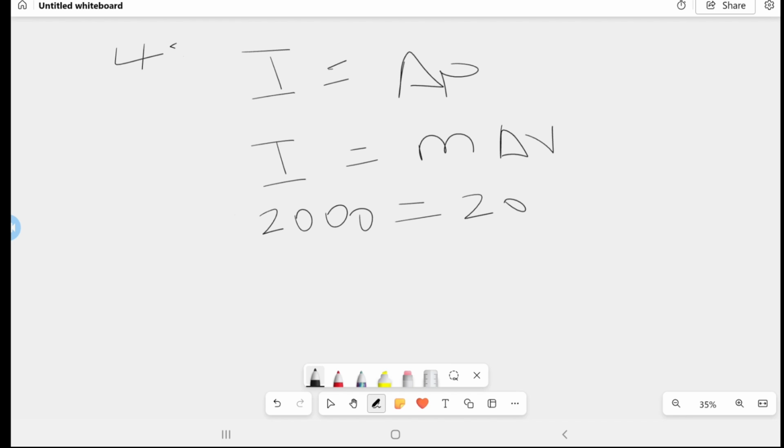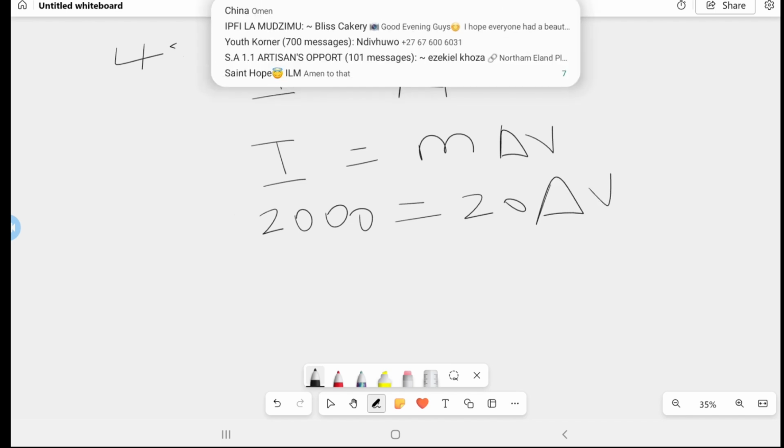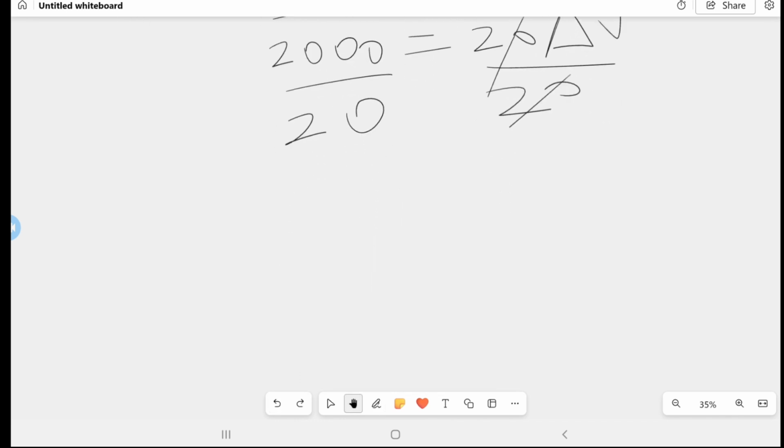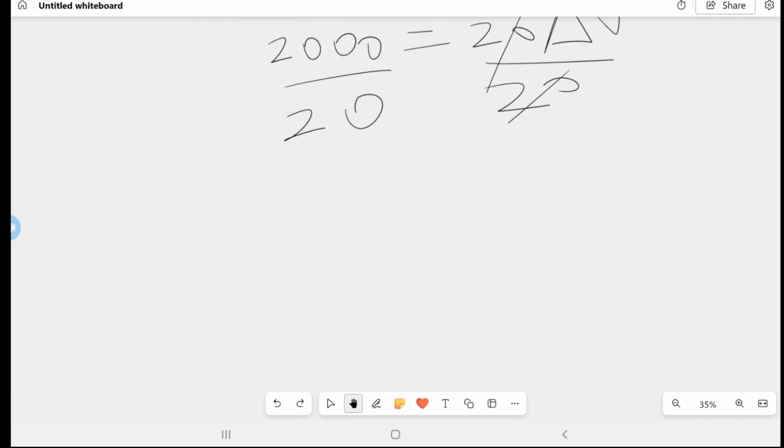I'm using the positive sign because it's going to the right. So change in V is going to be 10, right? Do you agree? Not 10, 100.